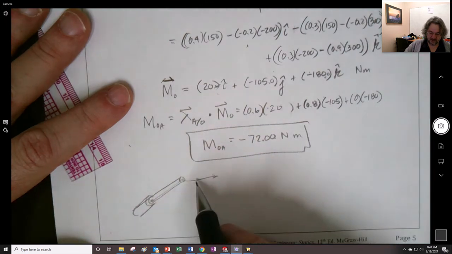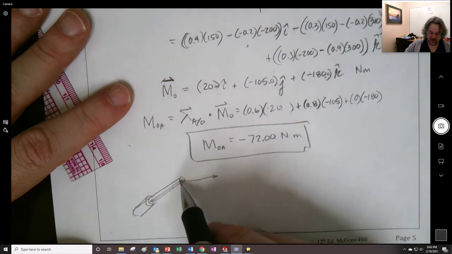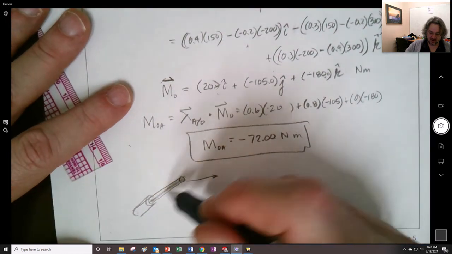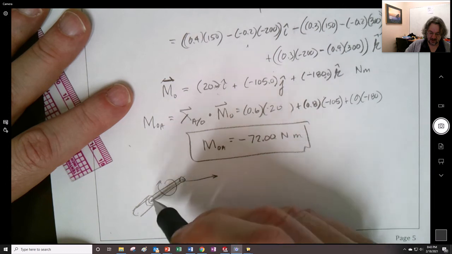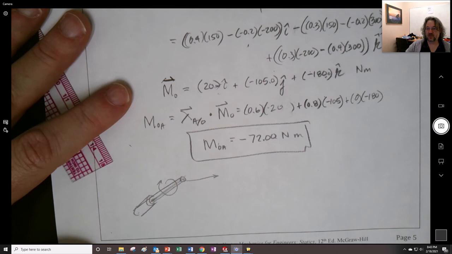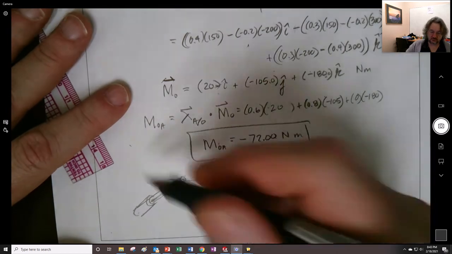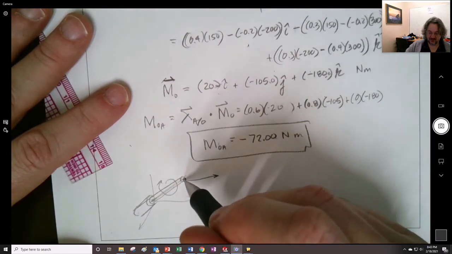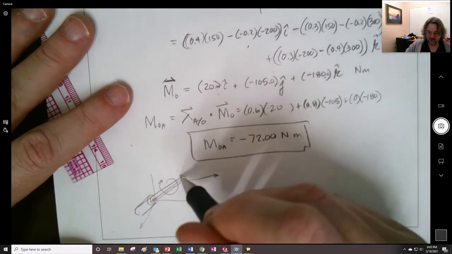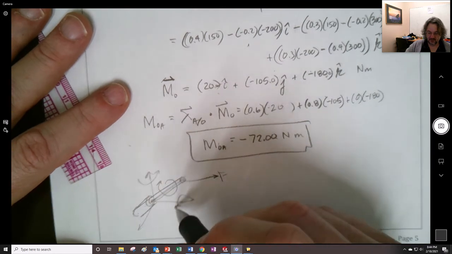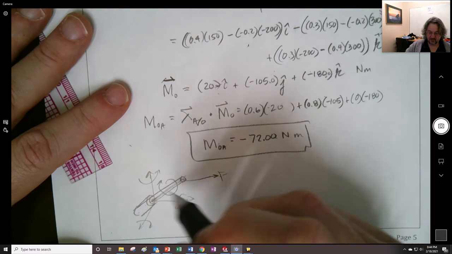What we want to do is find the moment that's being generated by this force, and then project it onto this pipe so we could see what part of that moment causes an unscrewing of the piece. Because when we get the actual moment due to this force, we're going to get a moment in all of these directions, here, here, and here.